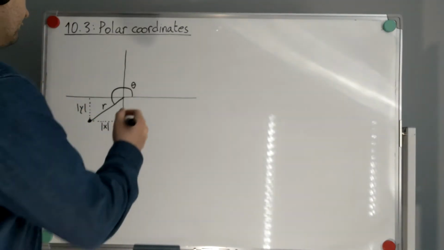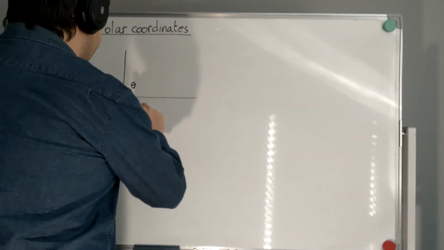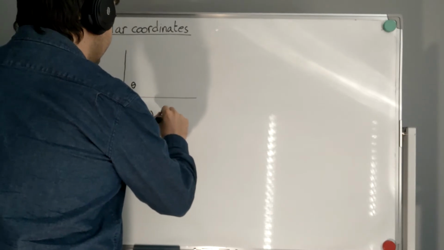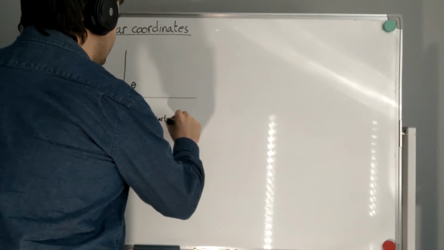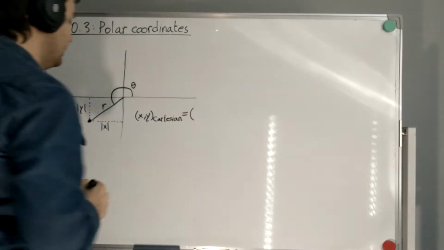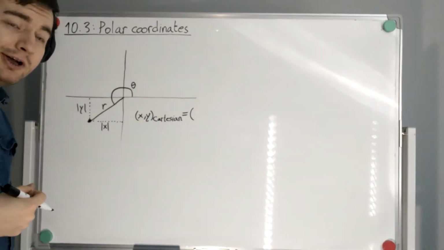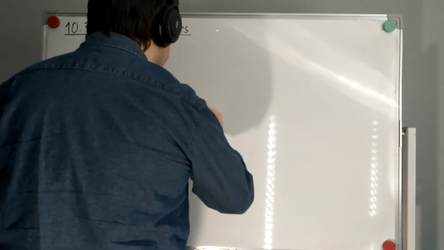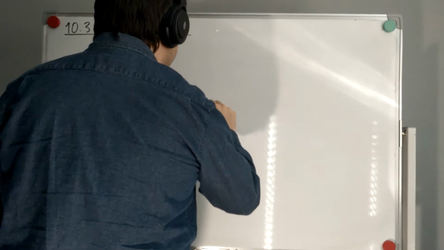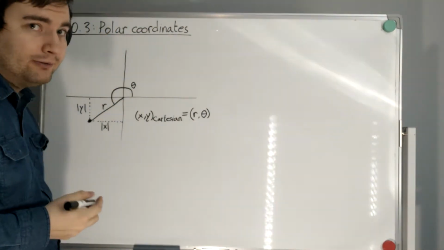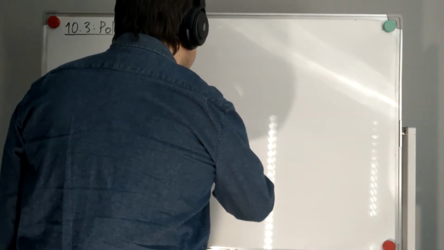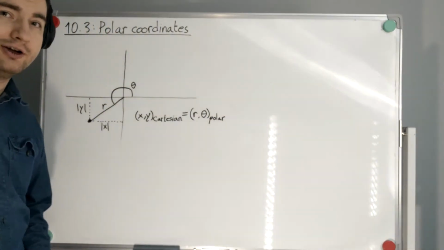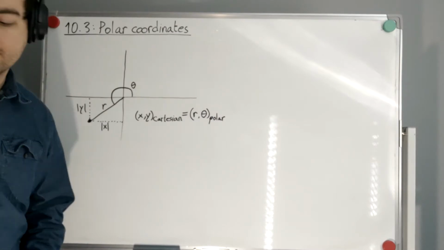So in this way, we would call the point (x, y) in Cartesian coordinates, but in this new scheme, we're just going to give the information r and theta to describe the point. And that system of describing a point based on r and theta is called the polar coordinate system.